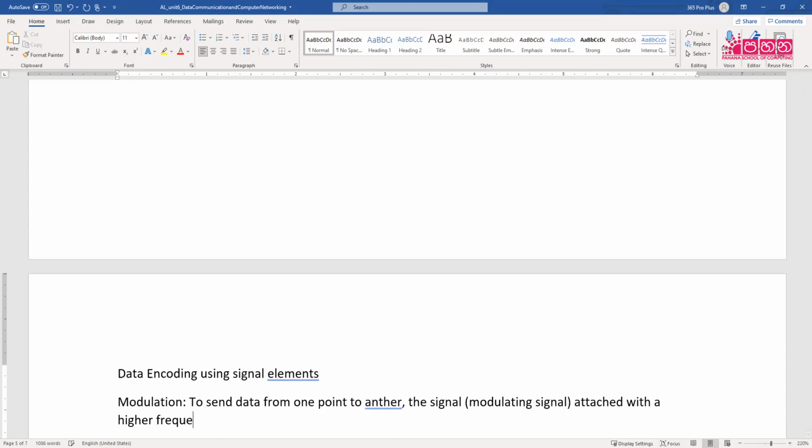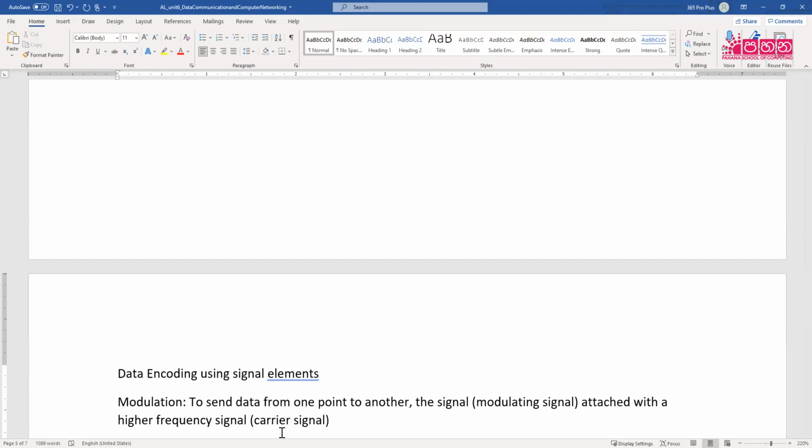Higher frequency. To send data from one point to another. The signal we call the modulated signal attached with a higher frequency signal. That means we are going to combine two signals together. Simply we can say carrier signal.